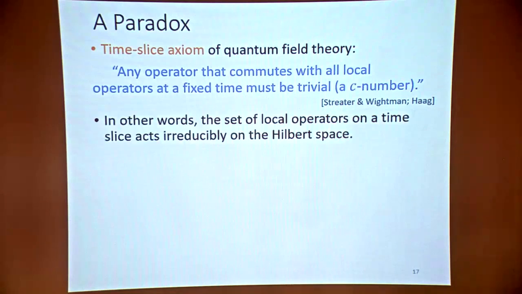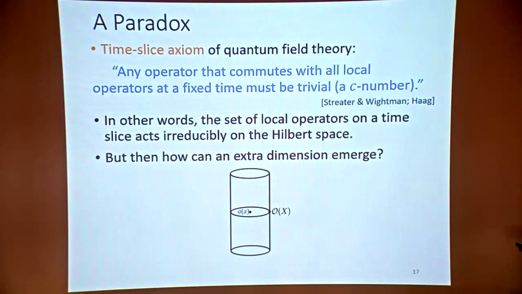In different words, this means that the set of local operators on a fixed time slice acts irreducibly on the Hilbert space. One way to think about this is the discretized version, where I have a spin chain, and products of Pauli matrices generate all the operators that can act in that system.